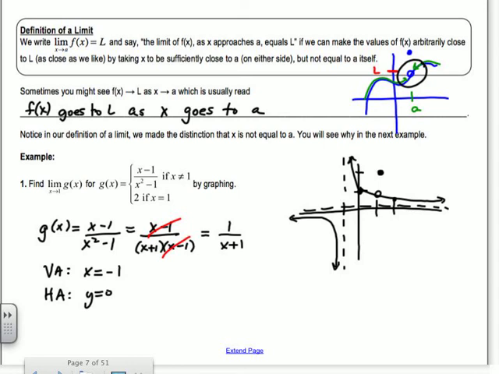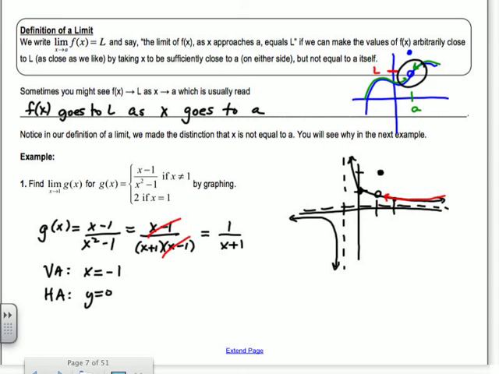So I'm going to trace along the curve, and I'm going to get closer to x equals 1. So I'm going to go this direction. What y value am I getting closer and closer to? 1/2. That's right, Tim. How'd you get 1/2? He said negative 1. All right, it's 1/2. Do you guys see why it's 1/2?